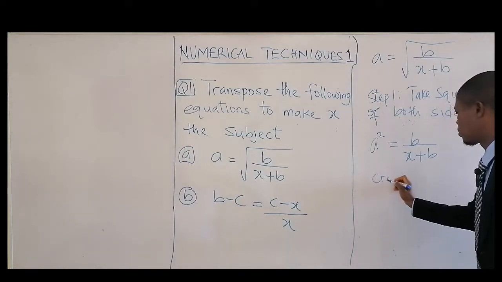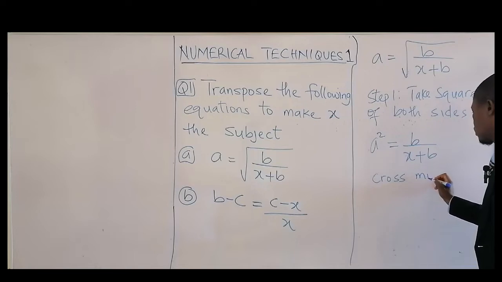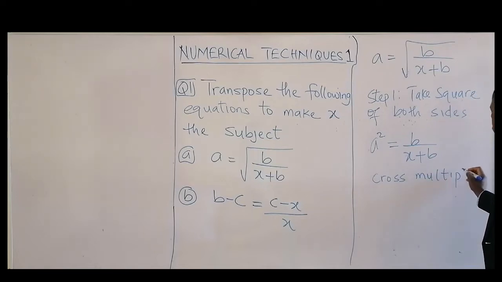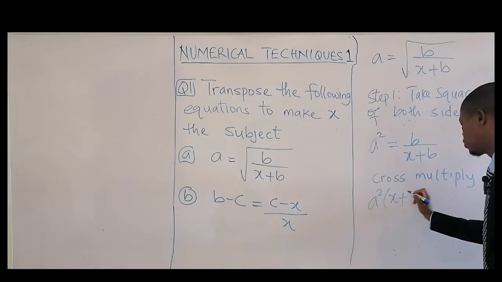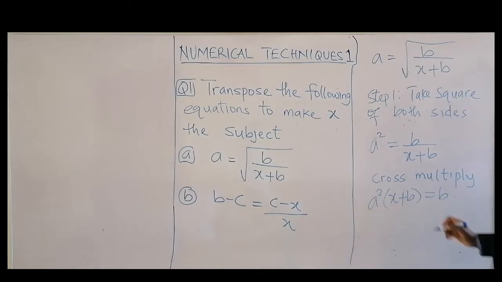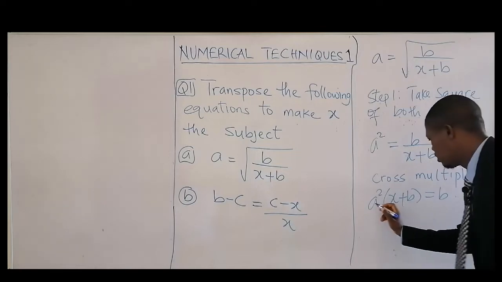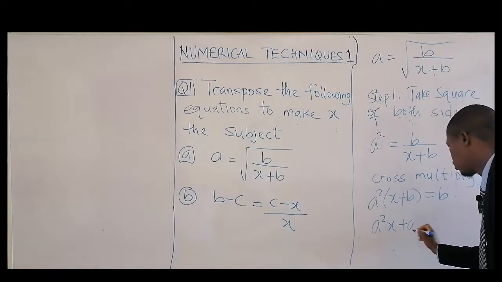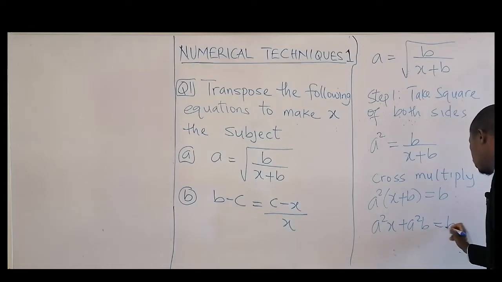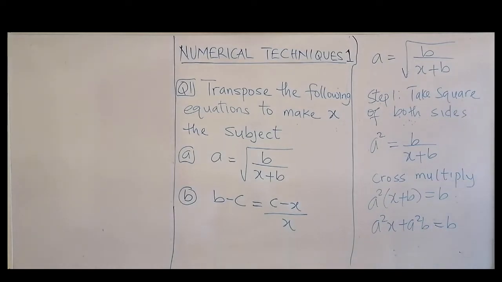Then we have a squared into bracket x plus b equal to b. Then expand this one times this one. That's a squared x plus a squared b equal to b. Okay, we want to make x the subject.